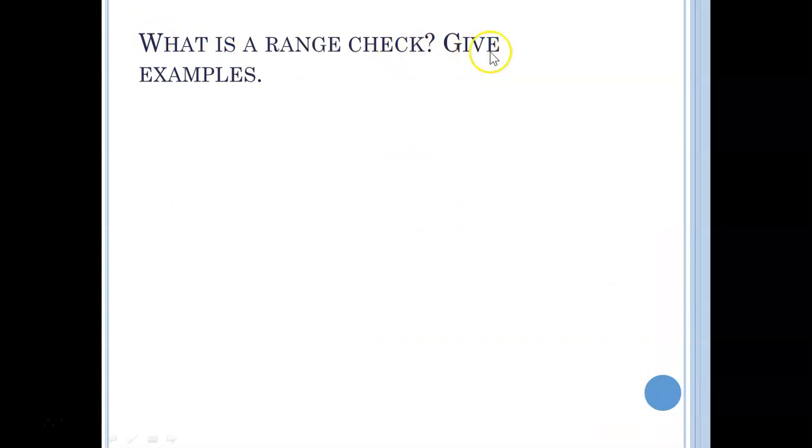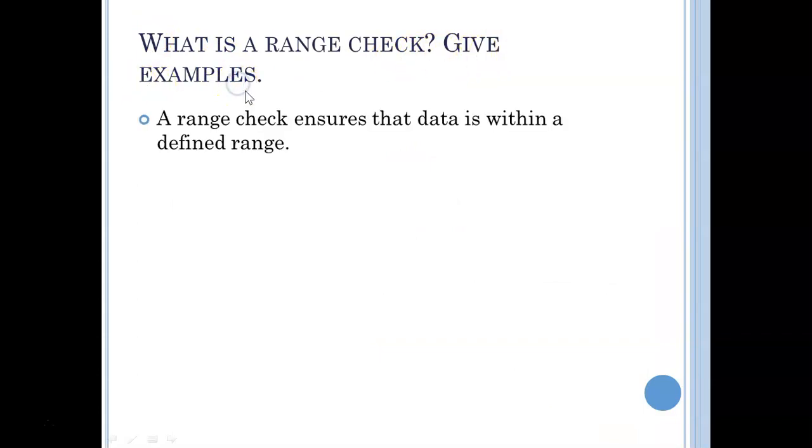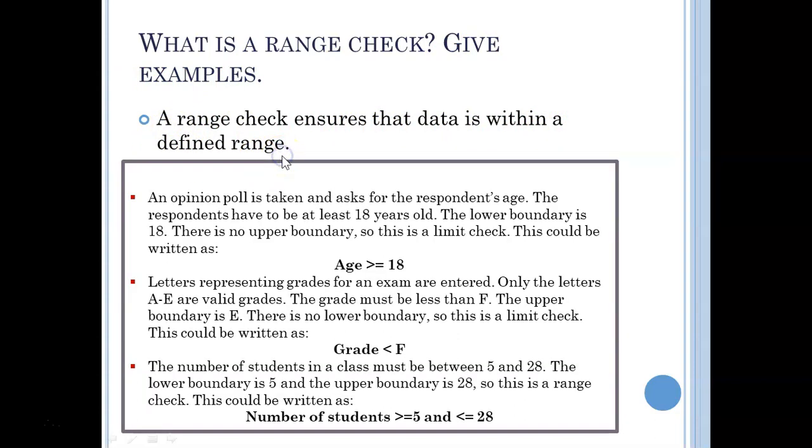So what is a range check? Give examples. A range check ensures that data is within a defined range. Here's an example. An opinion poll was taken and asked for the respondent's age. The respondents had to be at least 18 years old. So the lower boundary is 18. There is no upper boundary, so this is a limit check.